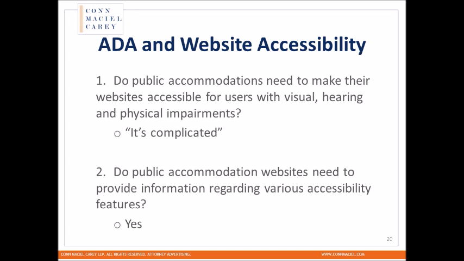One is, do public accommodations need to make their websites accessible for users with visual, hearing, or physical impairments? And the answer to that question is it's complicated, and I'm going to talk about that. And then the second question is, do public accommodation websites need to provide information regarding various accessibility features of the property? And the answer to that is unequivocally yes, and Andrew will talk about that.